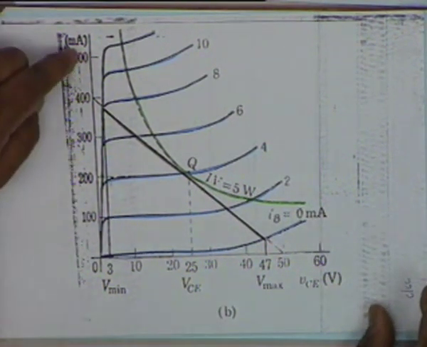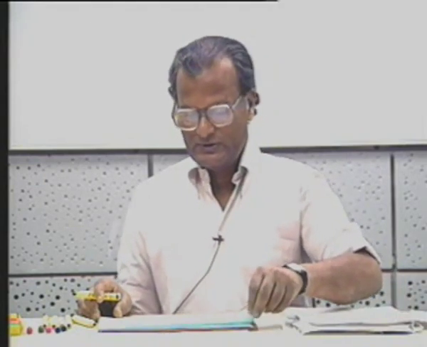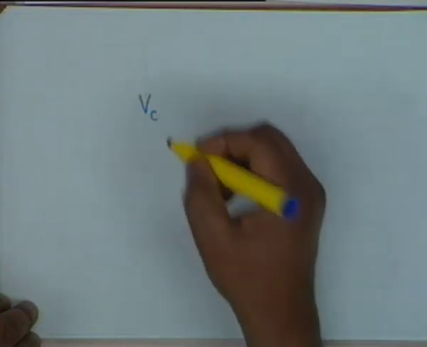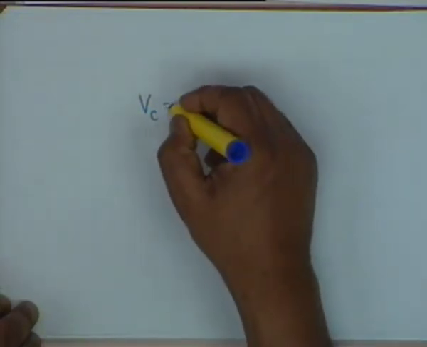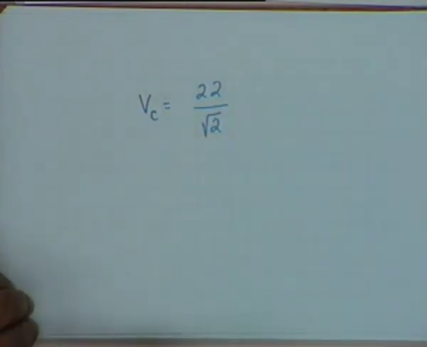We are not taking the current into consideration. Why? Because we are not going to the maximum possible current swing. All right. So my root mean squared value of the load voltage V sub C shall be 22 divided by root 2. Do all of you understand why it is 22 by root 2?